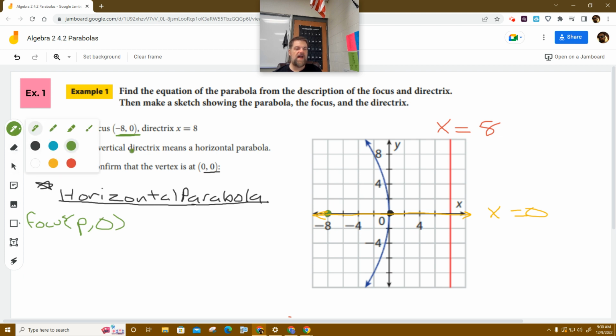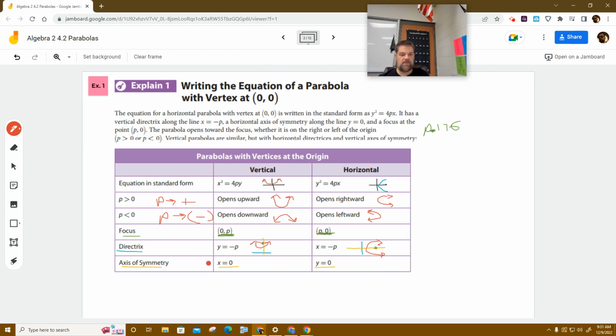We know that their directrix, in this case it's written down in red, will be x equals a number, right? What else do we know? Let me write this a little more formally. There is a relationship, right? So on a horizontal, x equals negative p, right?